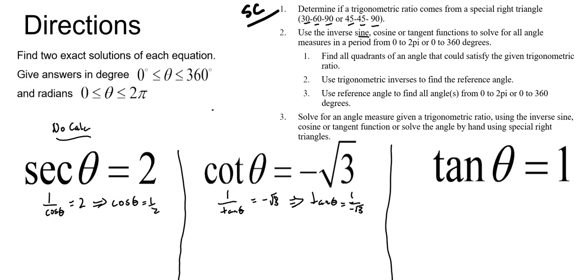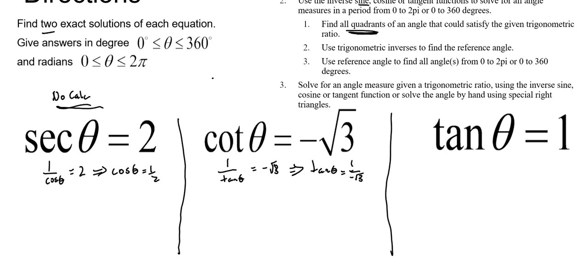All right, so because we can't use a calculator, we're going to find now what the quadrant of each angle is. We're going to find all the quadrants. Where are these two angles located? So to determine these two angles, we have to think of cosine. What is cosine? Cosine is x, sine is y. And so basically we're saying x, because this ratio is positive, x will be positive as well.